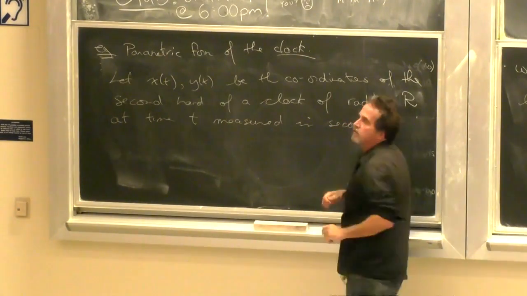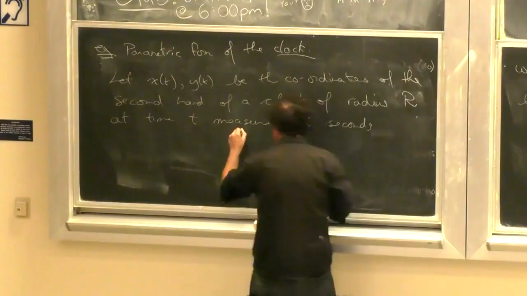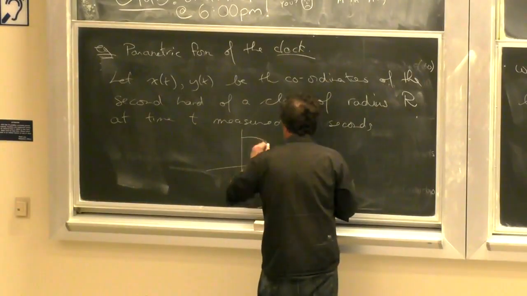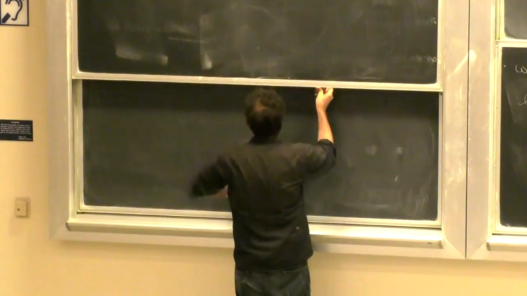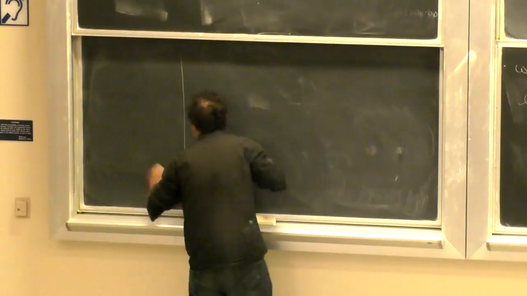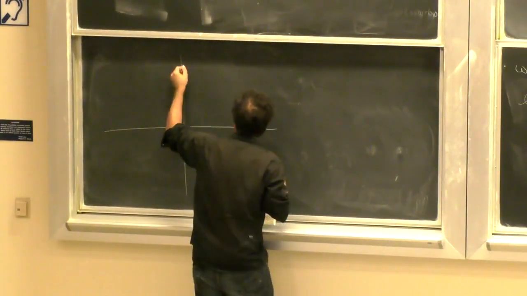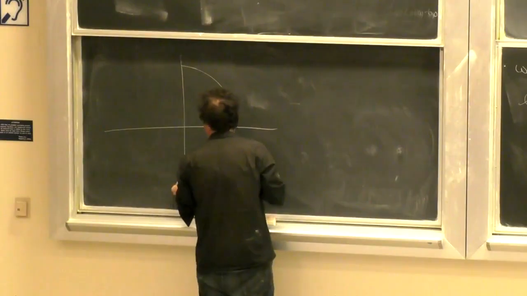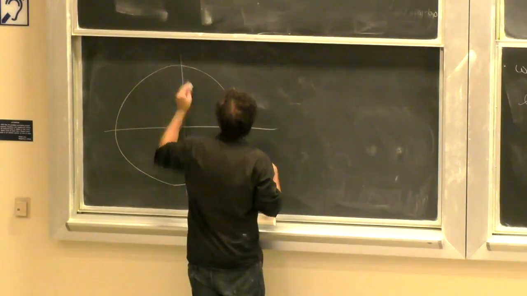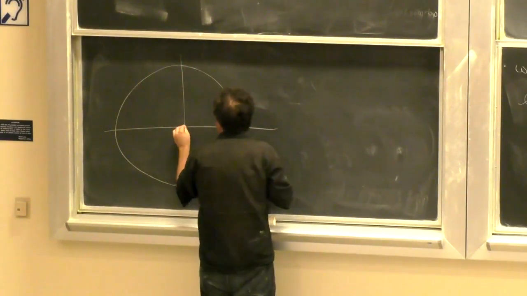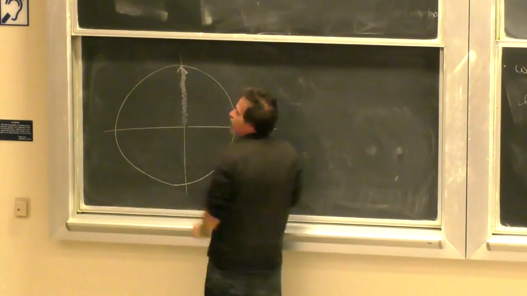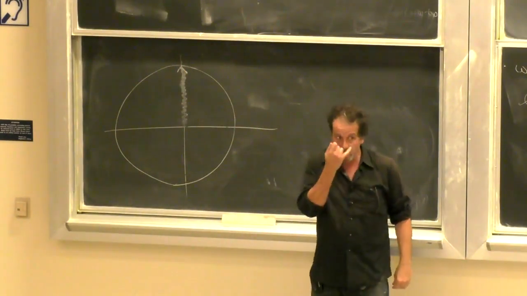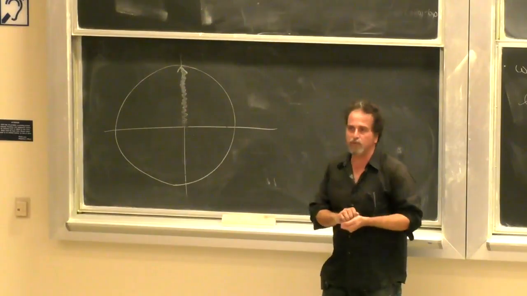So what I want you to think about, we need a bigger clock. What I want you to think about is this clock, and it has a second hand, and a second hand is very useful as we think about vectors, which we will do hopefully before the end of today.